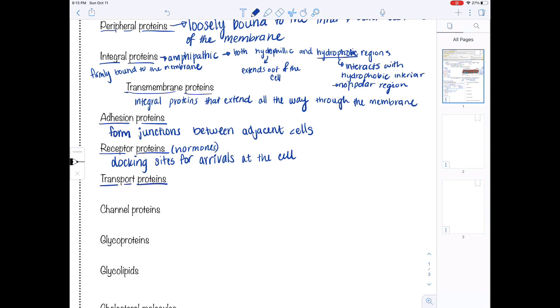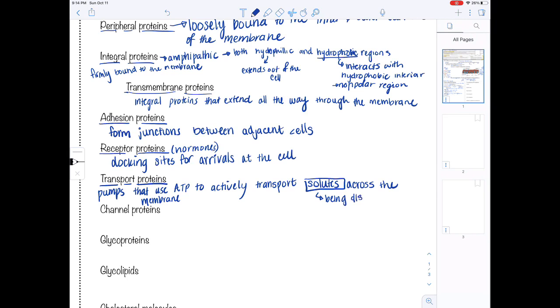Our transport proteins are the pumps that are using ATP to actively transport our solutes across the membrane. So, quick reminder about our solutes. These are those substances that are being dissolved.